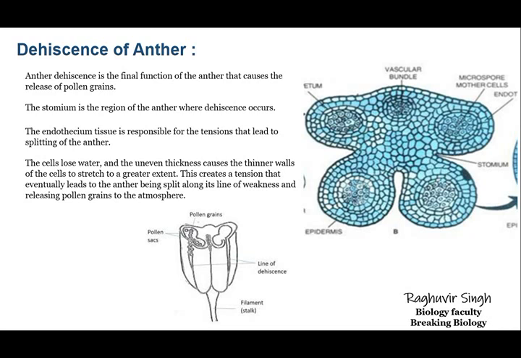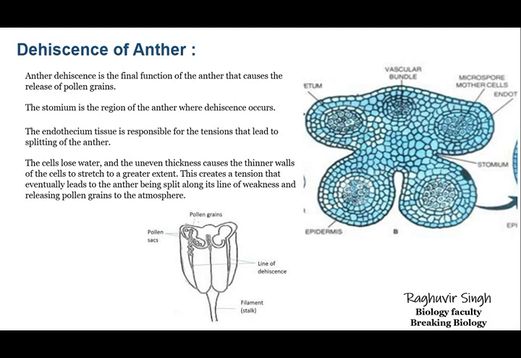Now normally dehiscence of anther takes place during the dry season. In the dry season, the endothecium loses water because of the hygroscopic nature of the alpha-cellulosic fiber. The wall of the endothecium cells tries to contract due to the loss of water, but the inner and the radial walls do not contract due to the presence of this thickening of alpha-cellulosic fiber. I already told you.